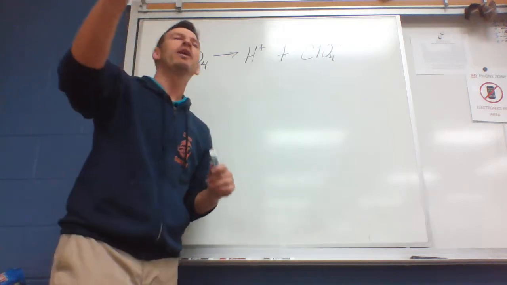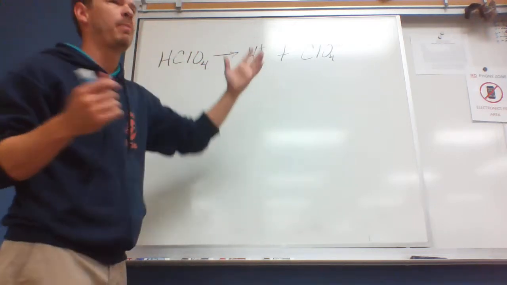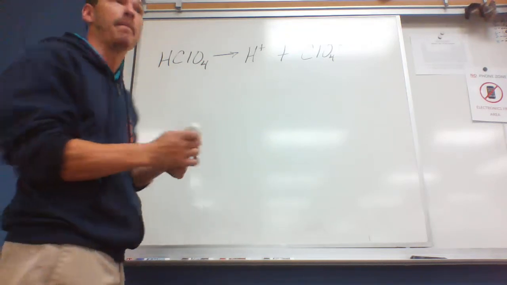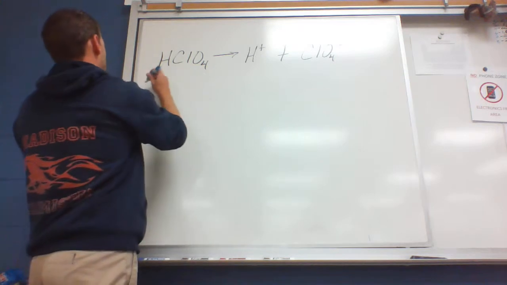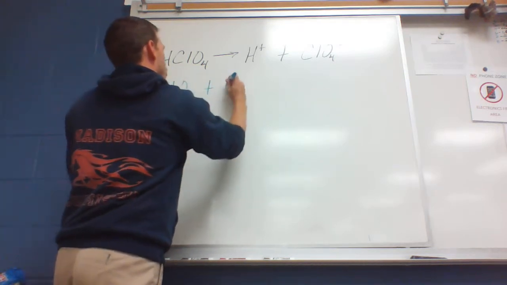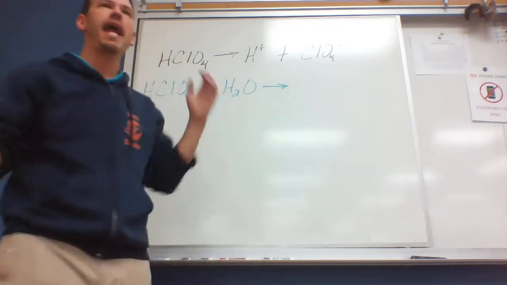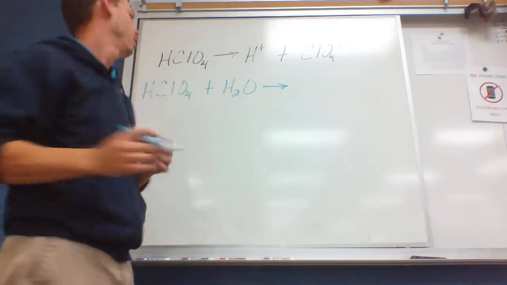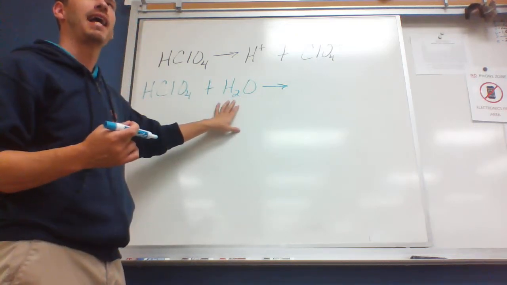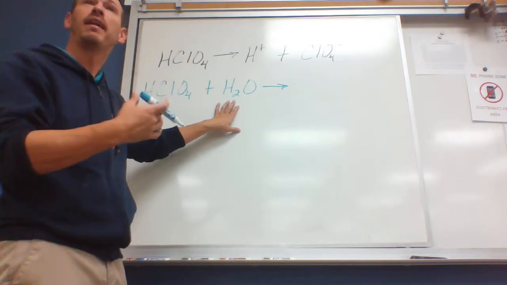Now, before we go on to the next one, I want to point out that while this can happen spontaneously the way that we have it written, it could be added to water to force it to happen also. It would look a little bit different if we did that. So let's add perchloric acid to water and take a look at what happens. All right, still a strong arrow. But this is going to get kind of Bronsted-Lowry, and if you remember, that's where protons were donated and accepted.